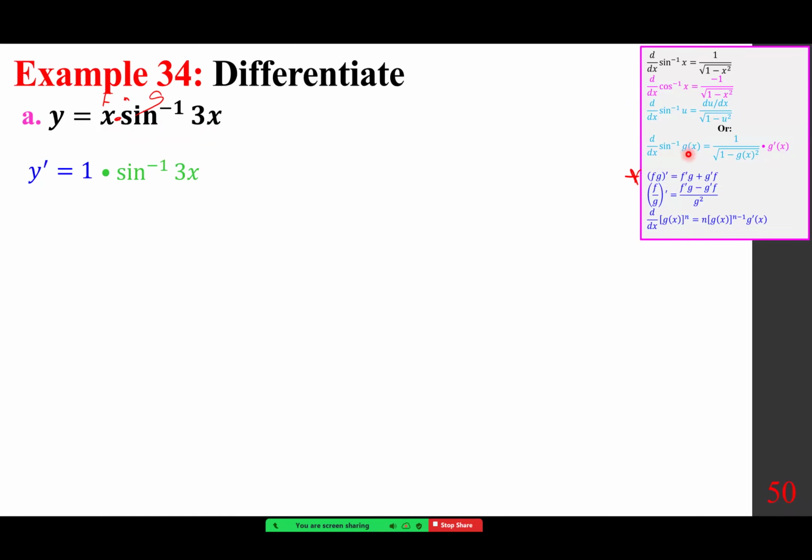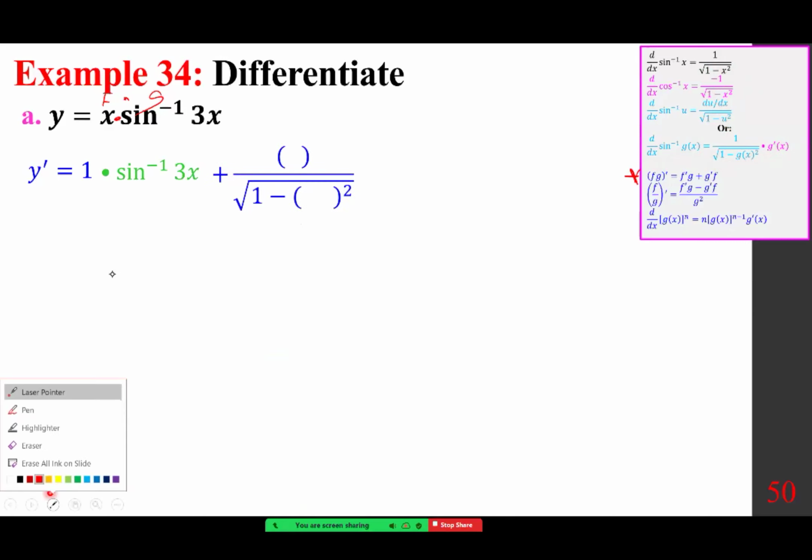And I'm going to write this so it is clear. The derivative of sine inverse of g of x is 1 over the square root of 1 minus g of x squared, times g prime of x. So we're going to write this, and this is the g function that we are dealing with here. What goes in here is g of x, in this case 3x.